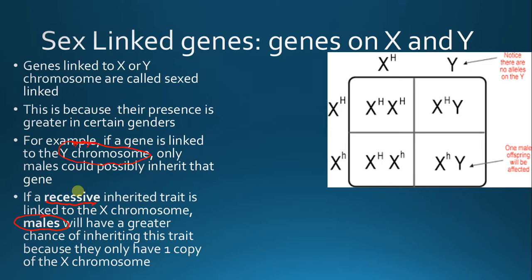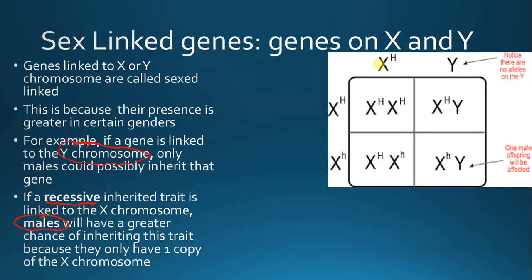Otherwise it would be masked by the dominant allele. However, males only receive 1 copy of that X chromosome. So any recessive allele they get will be expressed. They don't have any allele on their Y chromosome. So it's much more common for a male to have an X-linked genetic disorder than a female.